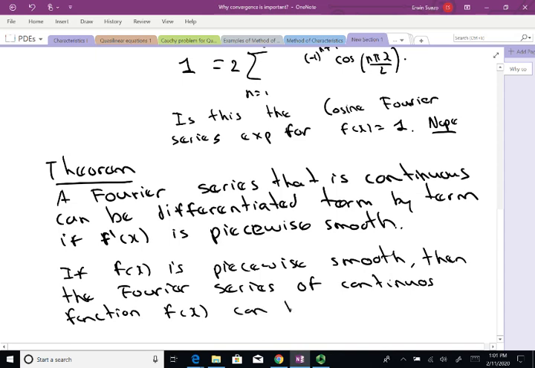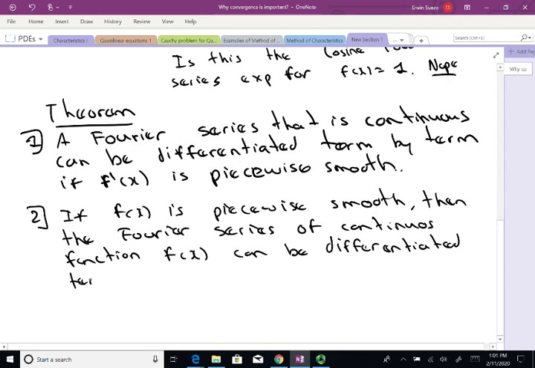So let's put part 1, part 2: it can be differentiated term by term if f of minus L equals f of L. So this is for the full Fourier series, okay?